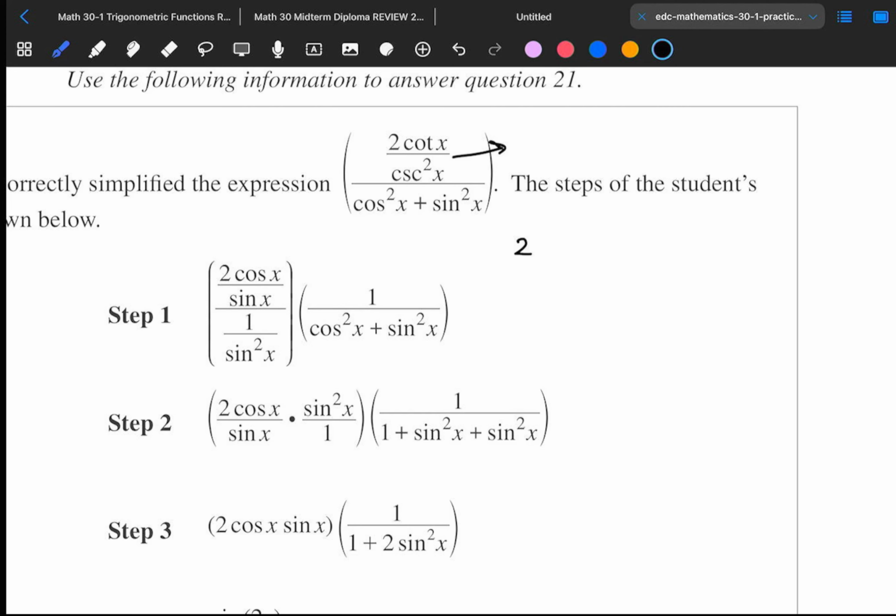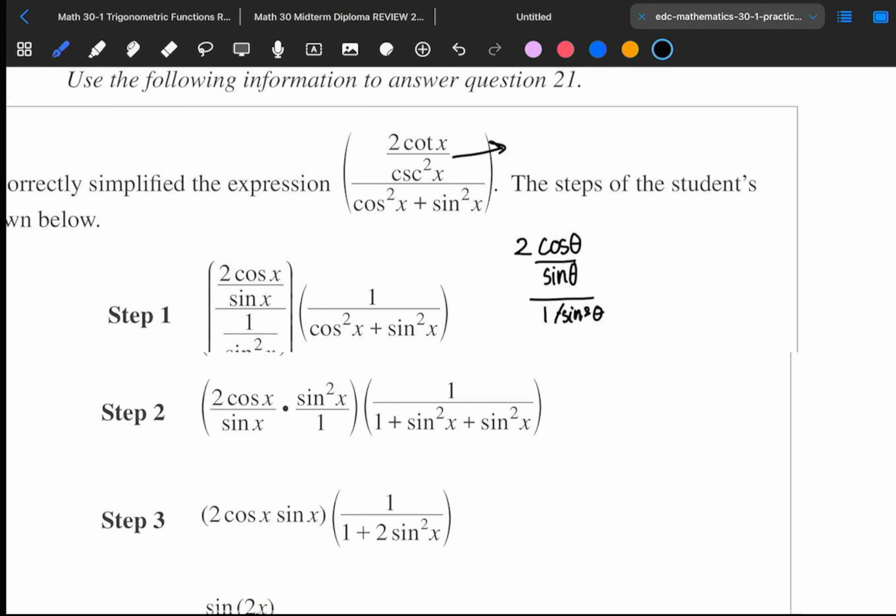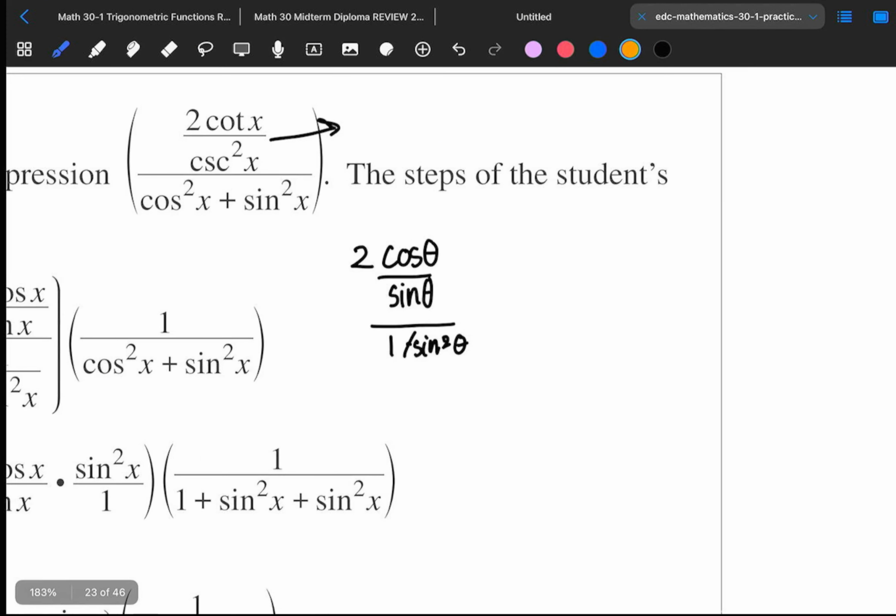Remember that cotangent is cos over sine, so cos theta over sine theta, all over cosecant squared x, which is just going to be 1 over sine squared. That's our first fraction, the top half, which I'm going to simplify in one step.